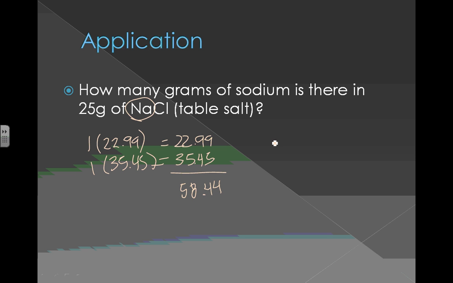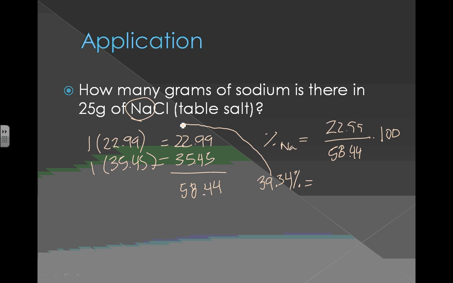So the percent composition of sodium is going to be 22.99 divided by 58.44 times 100, and it equals 39.34%.